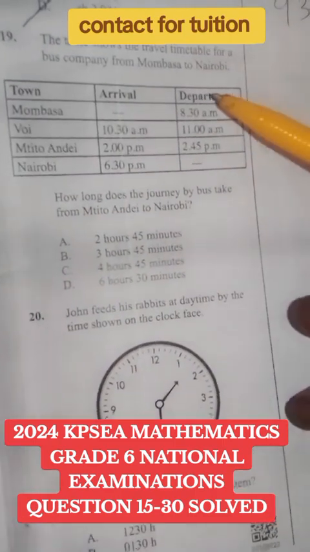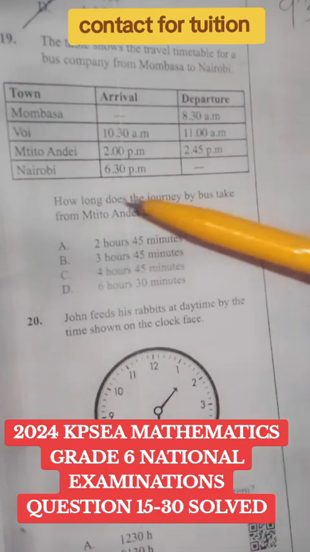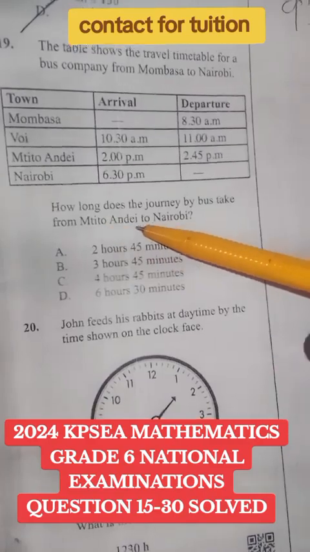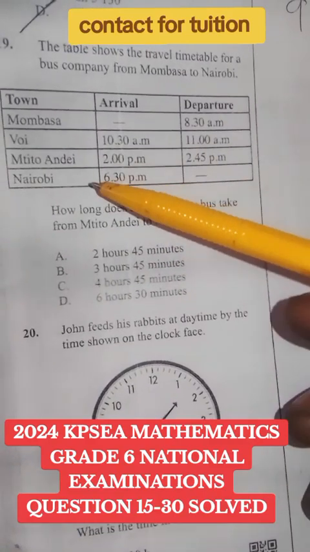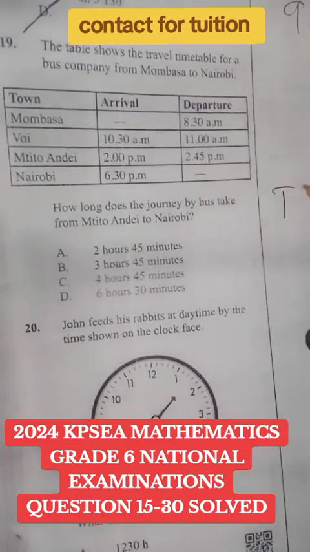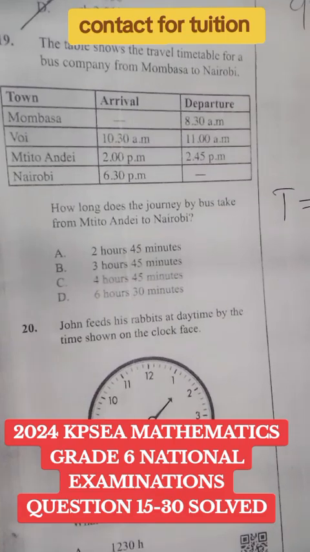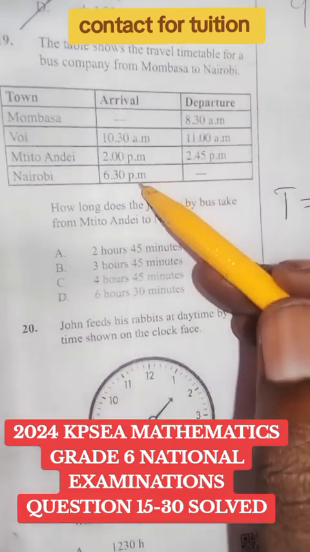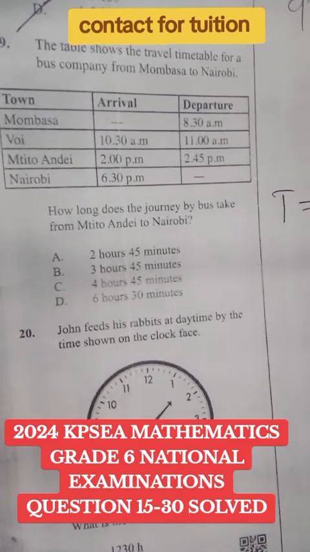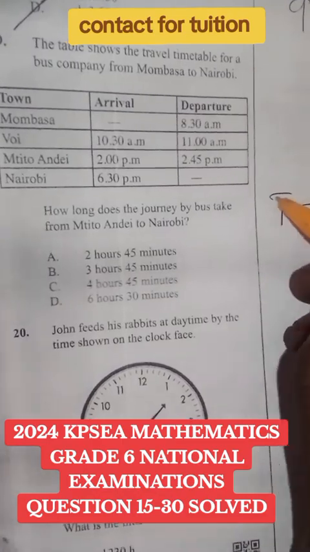Now we have here a table for traveling from Mombasa to Nairobi. How long does the journey by bus take from Tito Andei to Nairobi? So from Tito Andei, we are going to take the departure, because remember, time taken is equal to arrival minus departure. So that is how we find time taken.